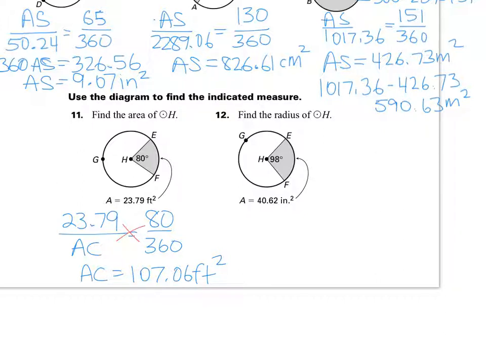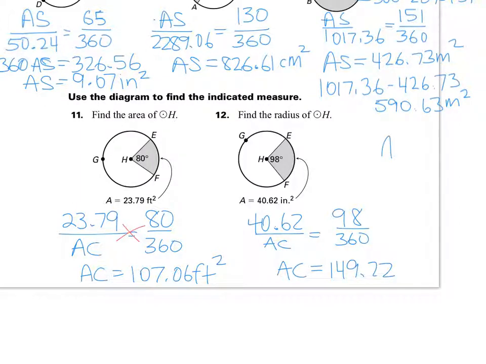Same thing with the next one, only this one it wants to find the radius. So let's find the area first. So area of the sector, 40.62, area of the circle, central angle. So the area of the circle with cross products, 360 times 40.68 divided by 98 is 149.22.